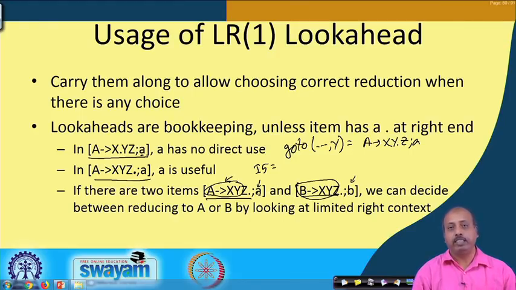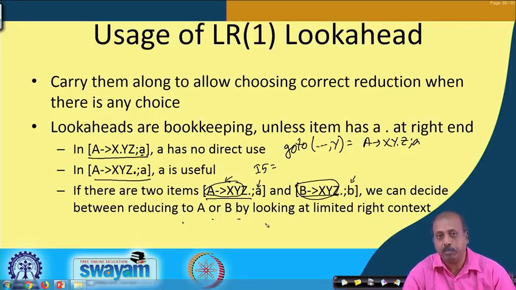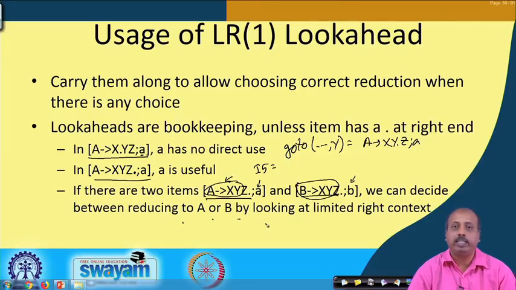So that reduce conflict will get resolved in this fashion. We can decide between reducing to A or B by looking at limited right context. We are not doing a very large amount of look ahead, we are looking ahead by a single token, and then we take a decision. That way it is going to be powerful.